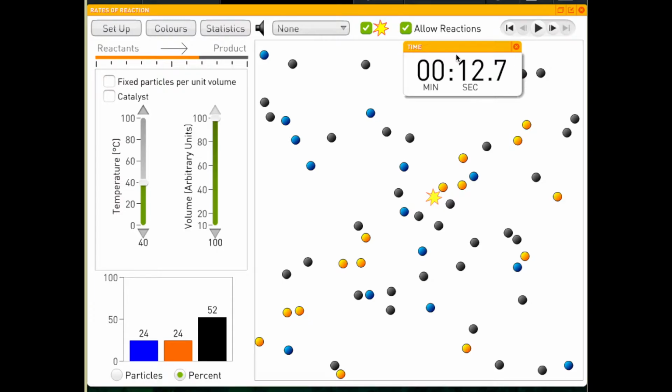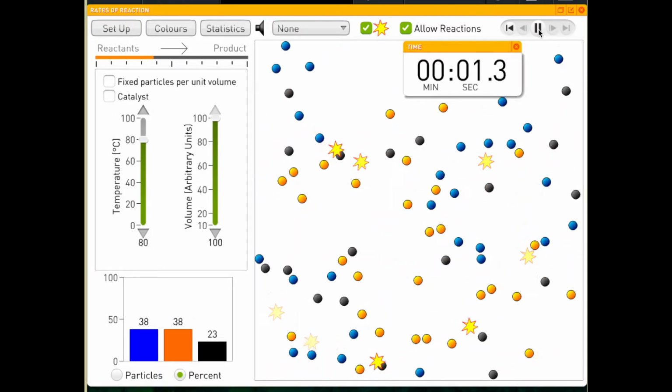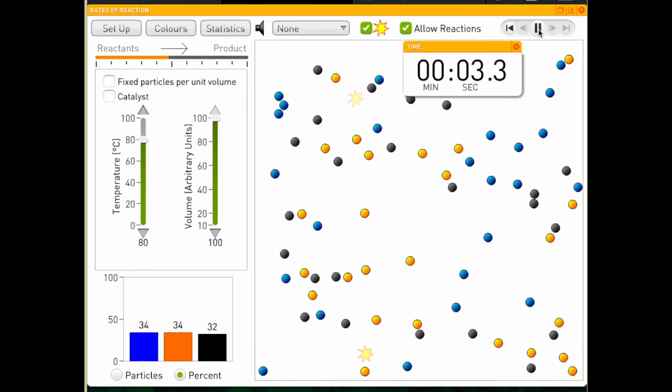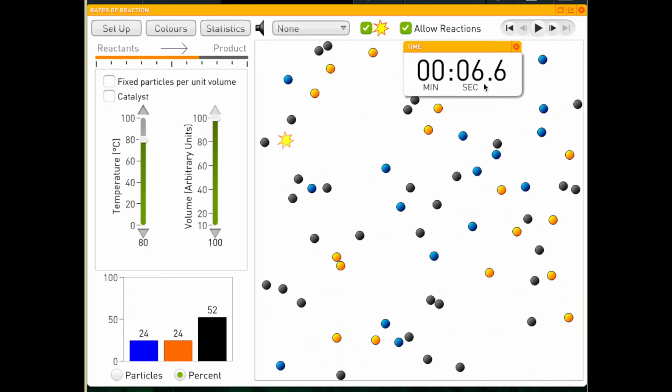So that took 12.7 seconds roughly, and so then let's restart it but at 80 degrees. So we've increased the temperature. So this time that took 6.6 seconds. So by increasing the temperature, we reduced the time it took for that reaction to happen.